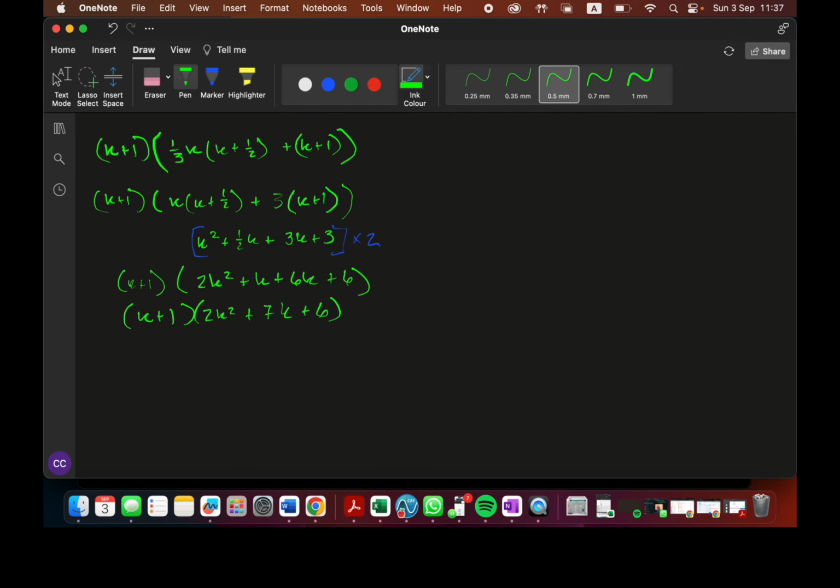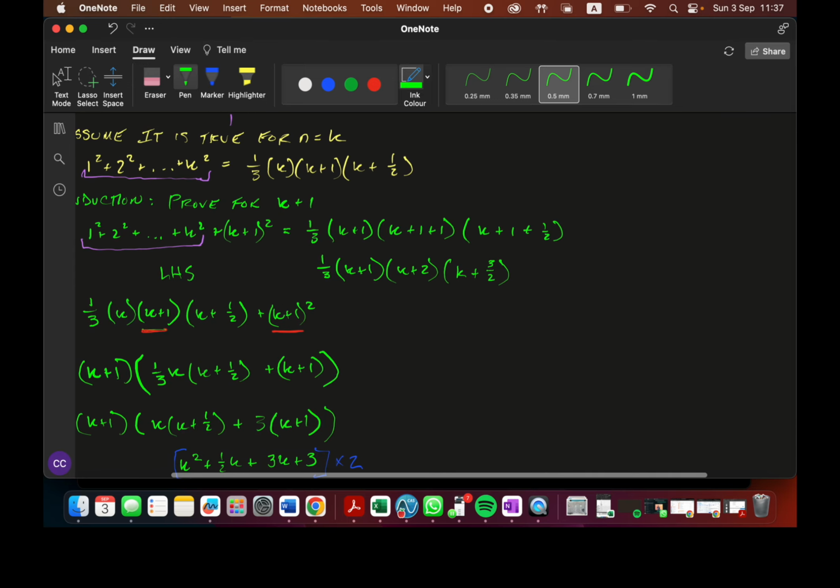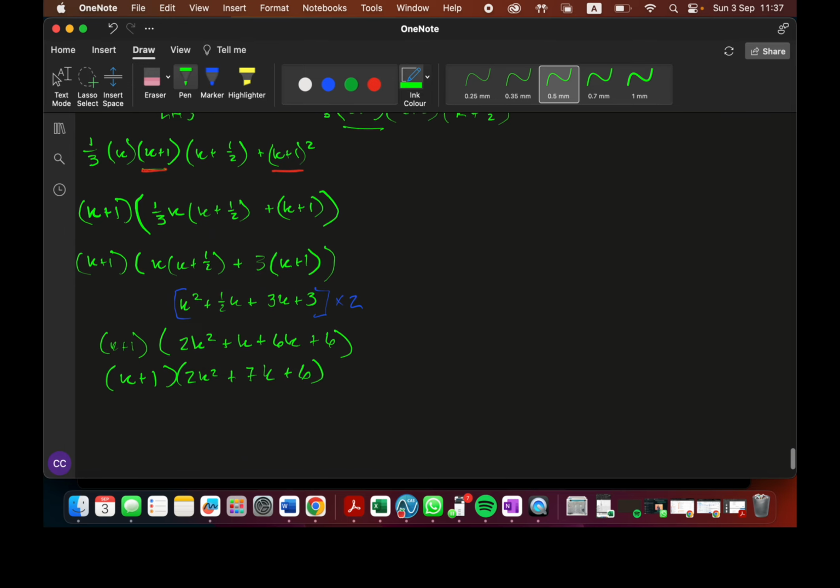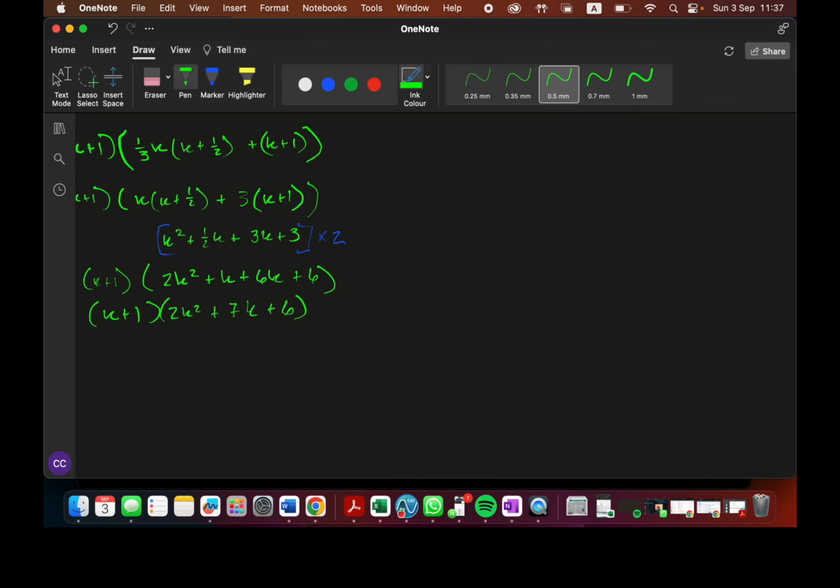Now I'm going to factor that because I'm feeling good. I've got a k plus 1, and I'm feeling like this might actually help me out. So let's see what happens with 2k squared plus 7k plus 6. If I use splitting the middle term, I'm looking for two numbers that add together to equal 7 but multiply to equal 12.